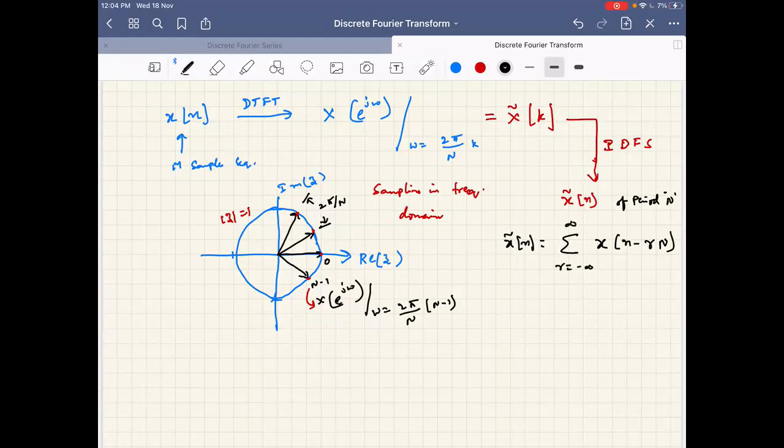Since x of n initially is of m samples, there may be time domain aliasing during this process of sampling in frequency domain. If m is greater than n, that means the number of samples here is lesser than the initial number of samples of x of n, then time domain aliasing happens.